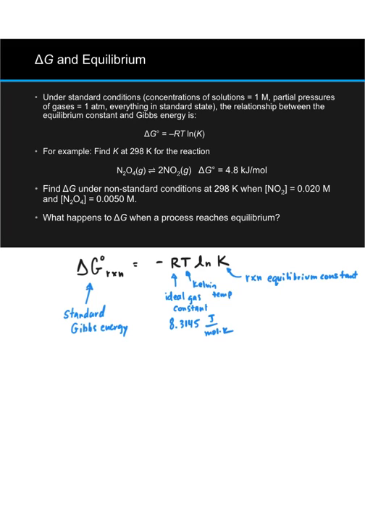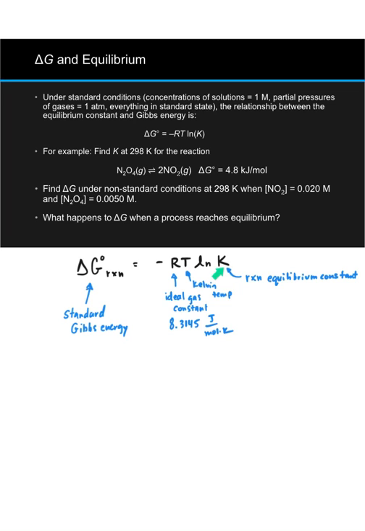In this equation, notice that if K is greater than 1, meaning it's a big number, then the natural log of a big number is a positive value. And multiplying a positive value by negative RT gives us a negative Gibbs energy. So when K is greater than 1, we say that a reaction is spontaneous in the forward direction.